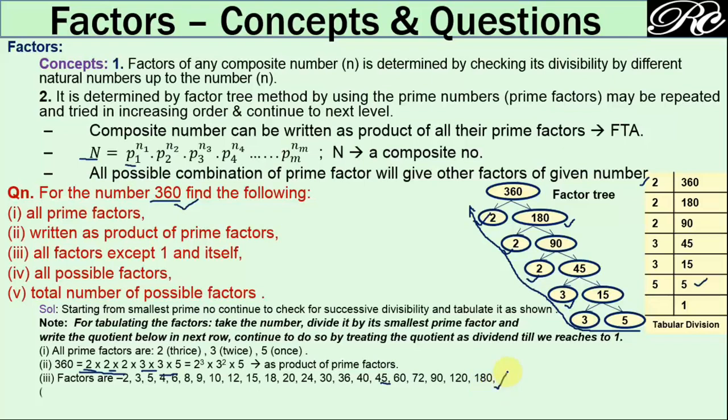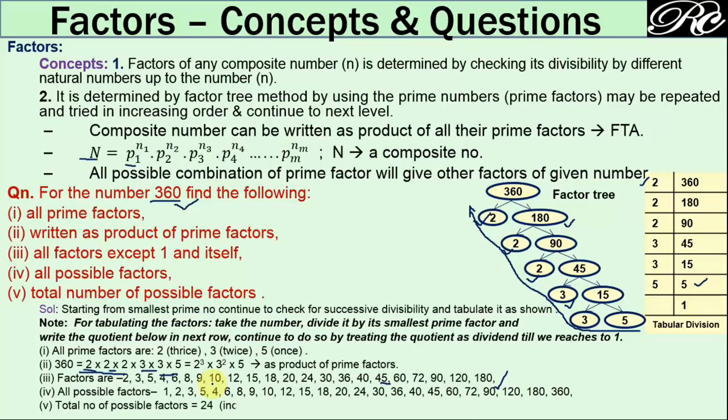These are the factors excluding 1 and the number itself. If we include 1 and the number itself, then it gives us the total possible factors. If we count these factors, we will get 24 in number.